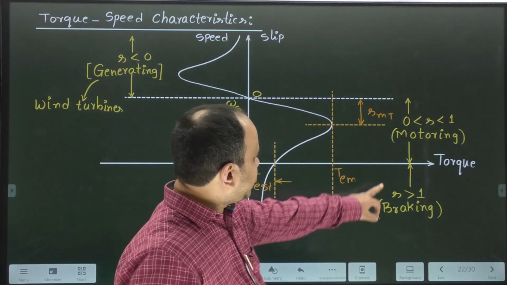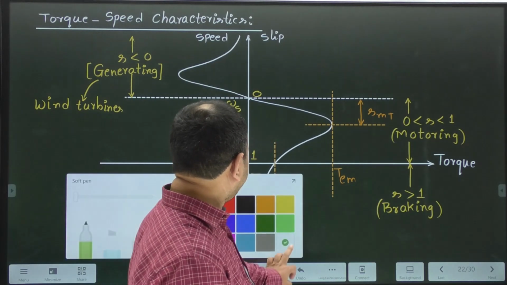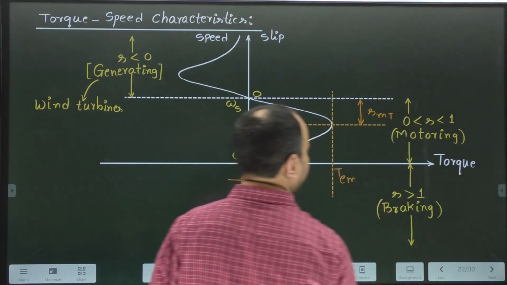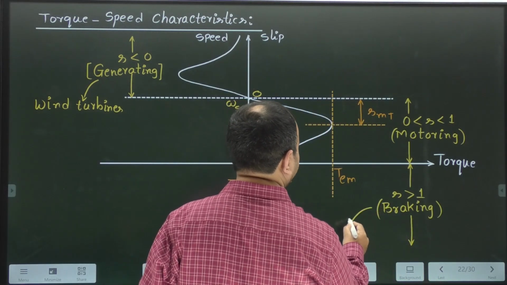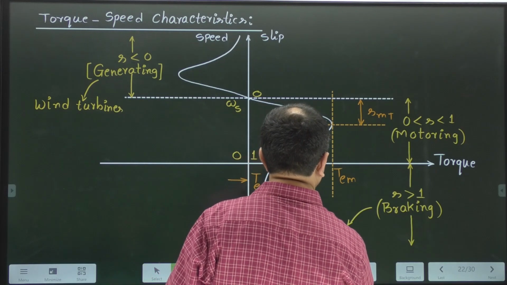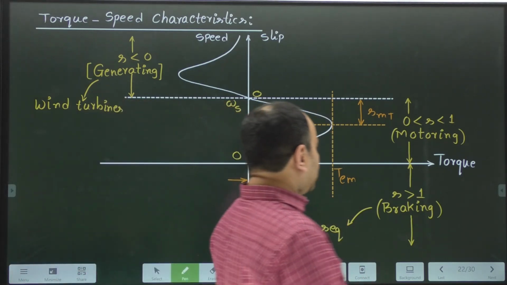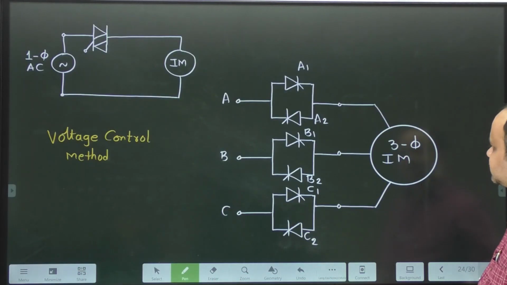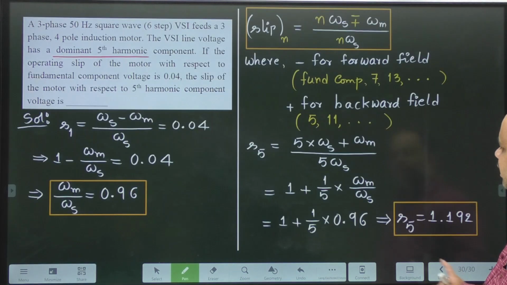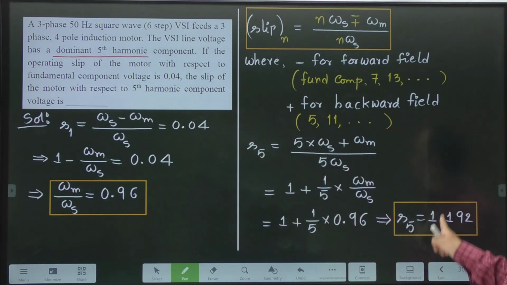So in braking operation, what is the slip? In braking operation the slip is greater than 1. So braking operation is possible during negative phase sequence. Coming to harmonics, the fifth harmonic component will introduce negative phase sequence. That is why we got our answer greater than 1.